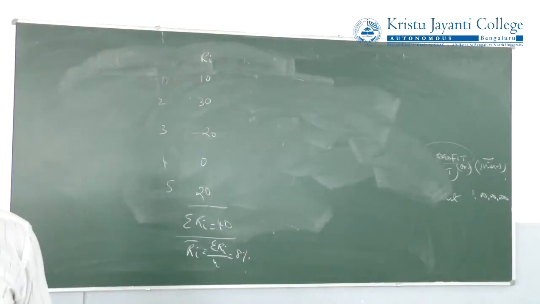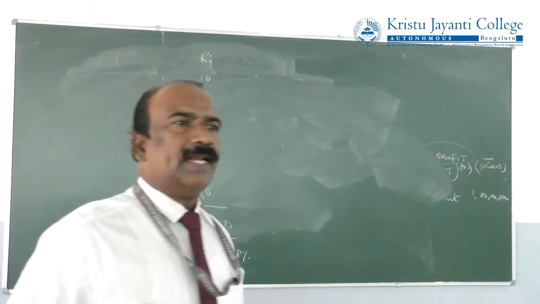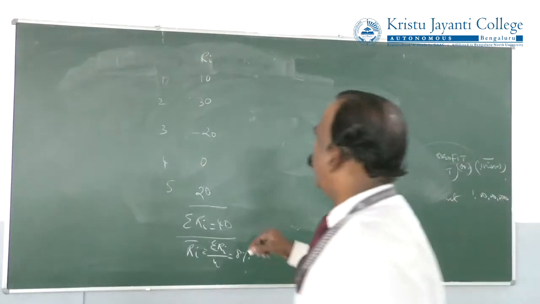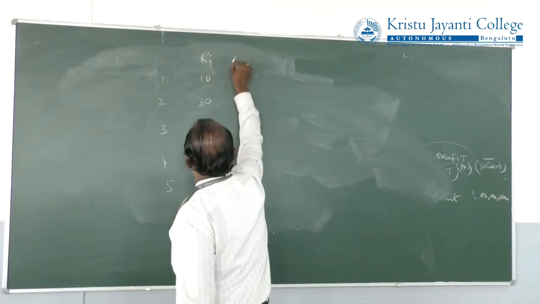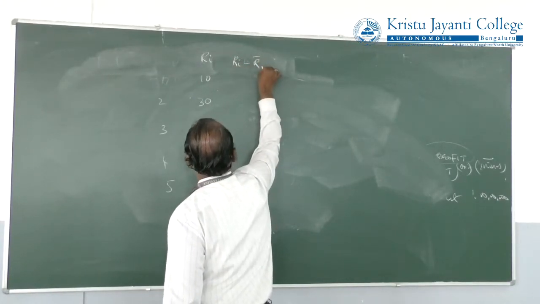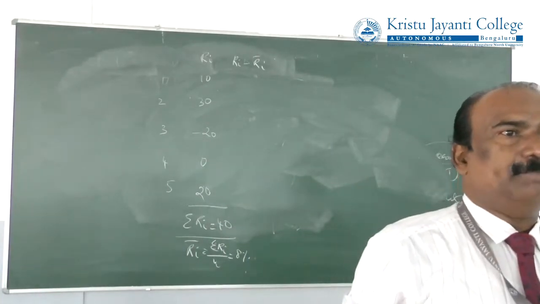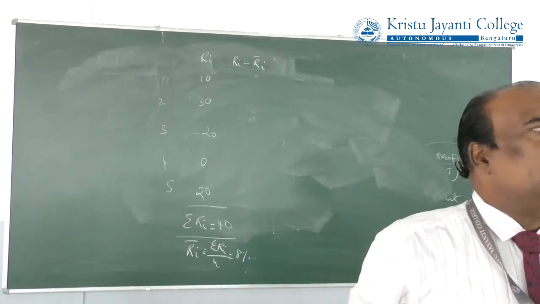Got it? What have you understood? First you calculate sigma, get the average. Now we are calculating how it is deviating from the mean. So how to calculate? Ri minus R bar i.